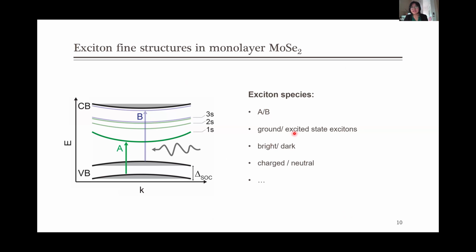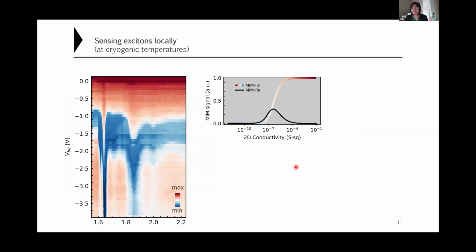You have the ground and excited state excitons, a bit like hydrogen atom, 1s, 2s, 3s. And you also have bright and dark exciton depending on whether it's momentum direct or indirect. You have charged or neutral exciton depending on the electron doping. This family of excitons in this material now becomes our test bed.